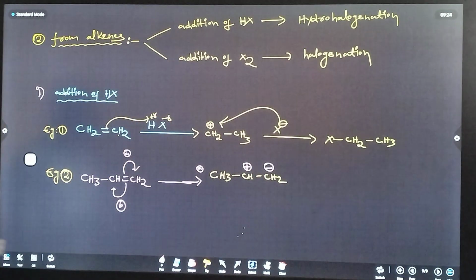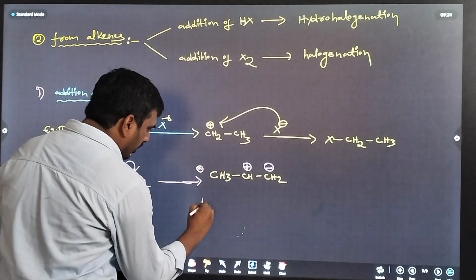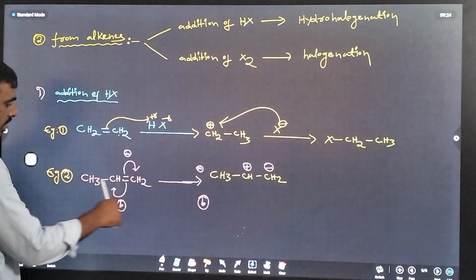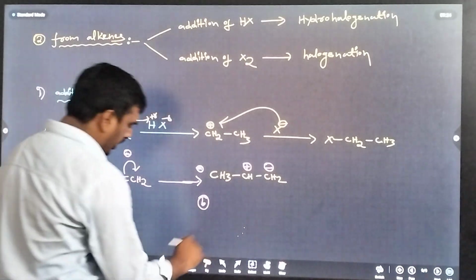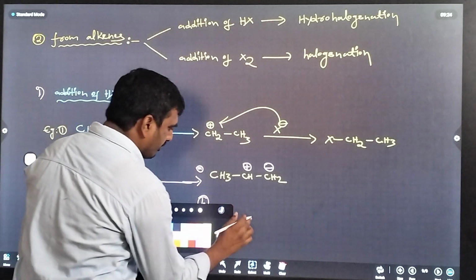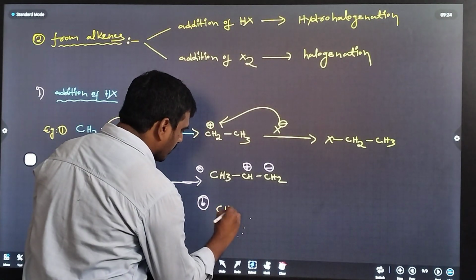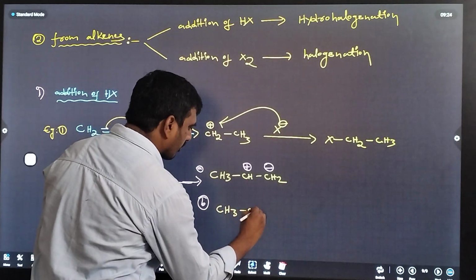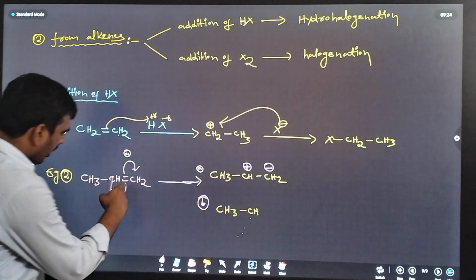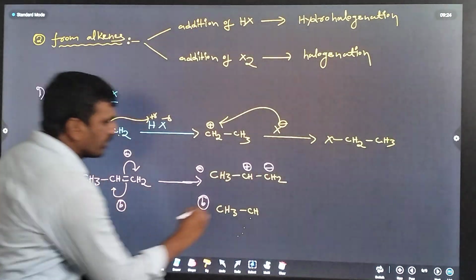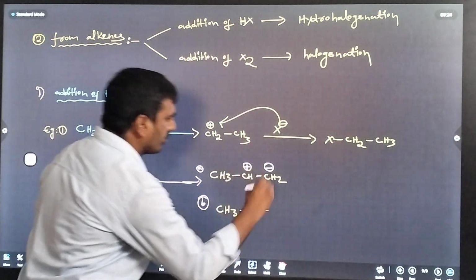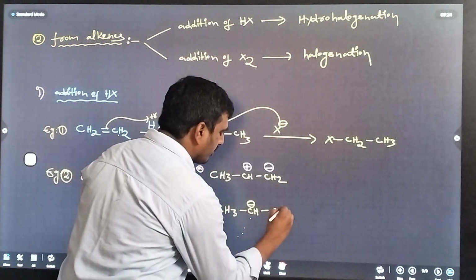Now B possibility, electron displacement towards here, so we get CH3–CH, with electron displacement towards this carbon so it gets negative, and this carbon gets positive.